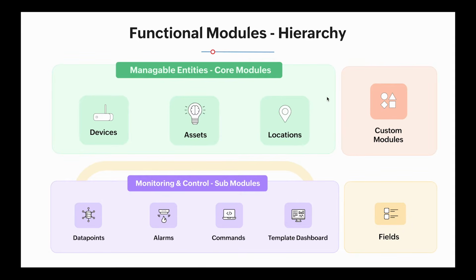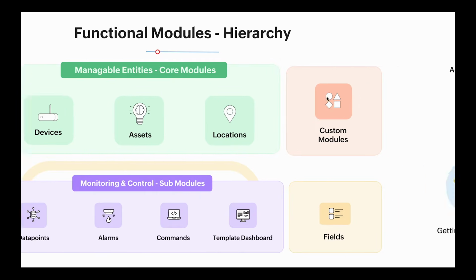You can also add custom modules on top of that and extend the application. All these manageable entity modules have monitoring and control capabilities within themselves. So the data points, alarms, commands, templates and dashboards are all part of these devices, assets and locations. You can define these attributes on these core management modules, and you can also add custom fields.